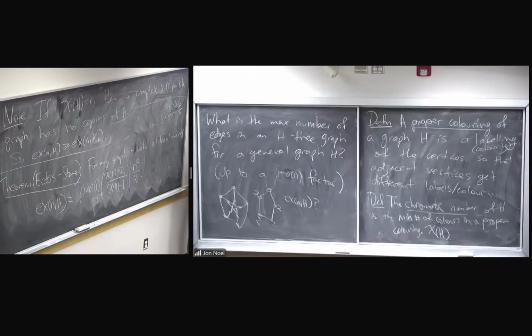Because if the chromatic number is 4, I get 2/3 times n squared over 2. N squared over 2 is basically n choose 2. And if you think about this complete tripartite graph, it has about 2/3 of the total edges in it. The total number of edges possible would be n choose 2, which is like n squared over 2.